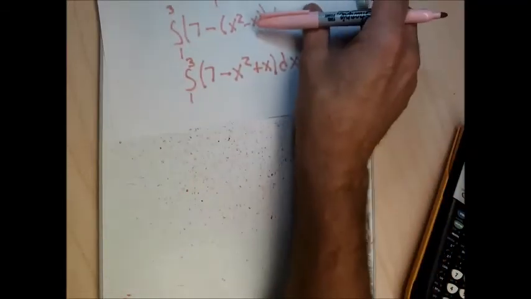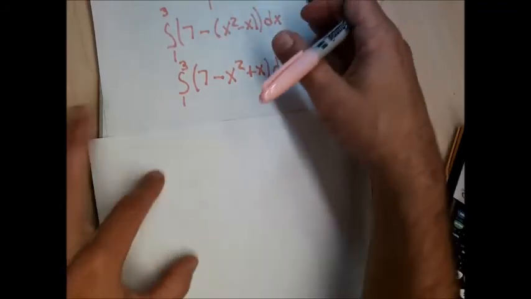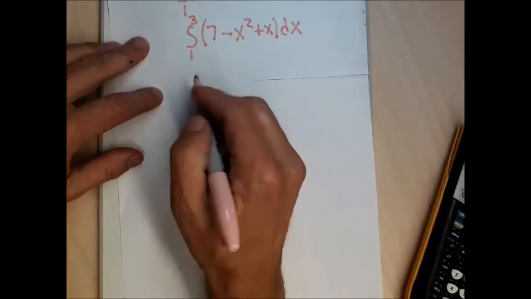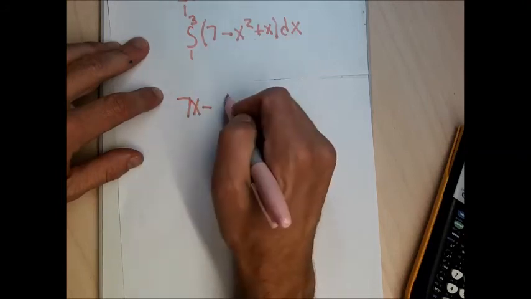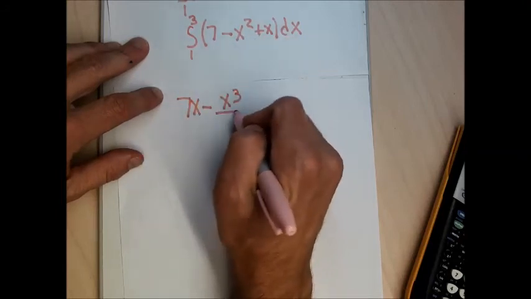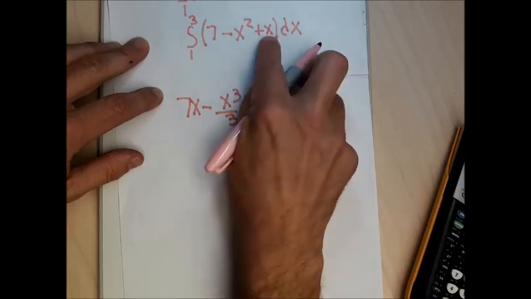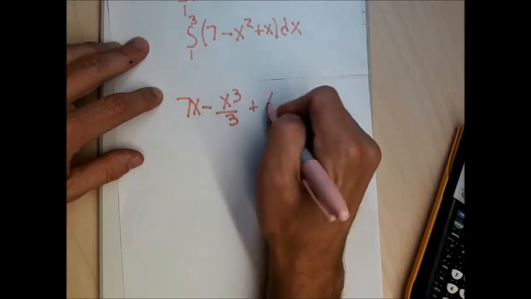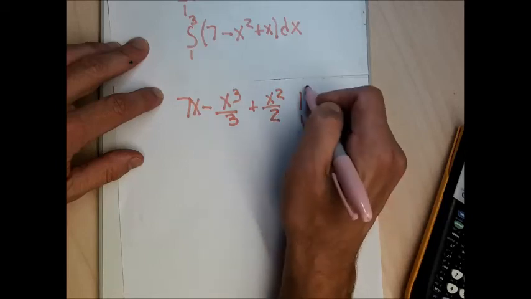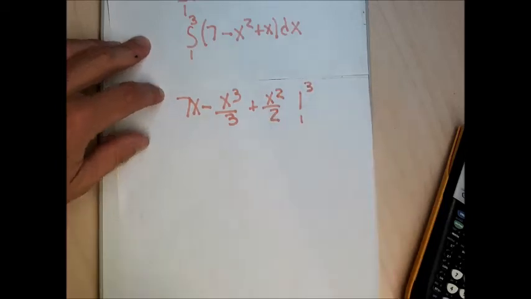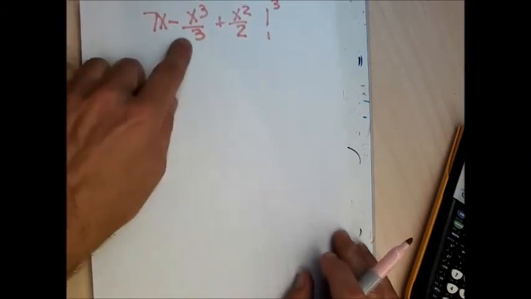And now I'm going to integrate. And when I integrate, the first term's a constant. Its integral is going to be 7x. The second term, I add 1 to the exponent, divide by the new exponent. The third term, I add 1 to the exponent, divide by the new exponent, and evaluate that between 1 and 3. So this area is going to be found by doing that computation.